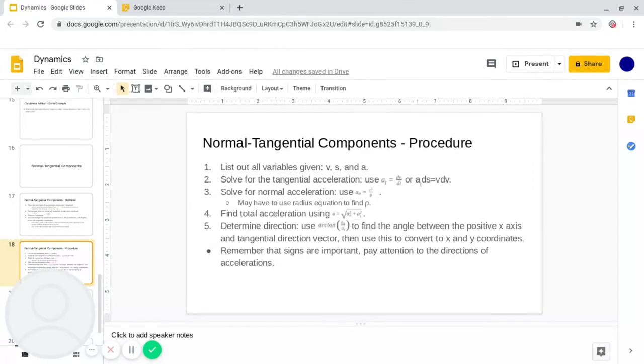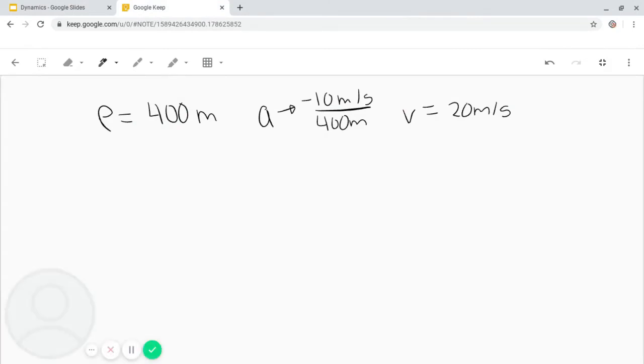So then the next step is we can solve for the tangential acceleration. It might be a bit easier. I'm going to use this simple kinematic equation. We know that the acceleration is constant. That was mentioned in the problem. So I'm going to use this, and I'll explain in a minute. We know the acceleration in terms of the displacement.